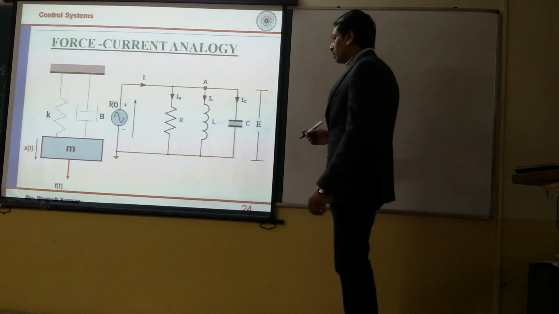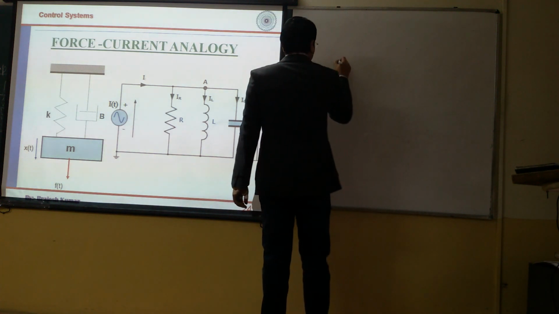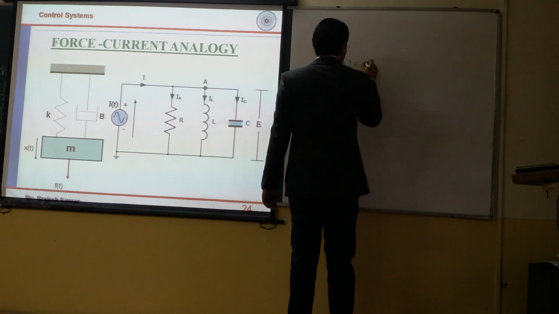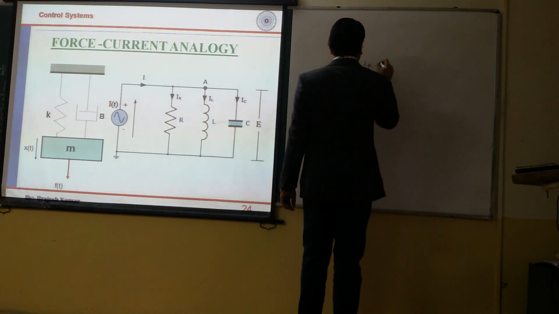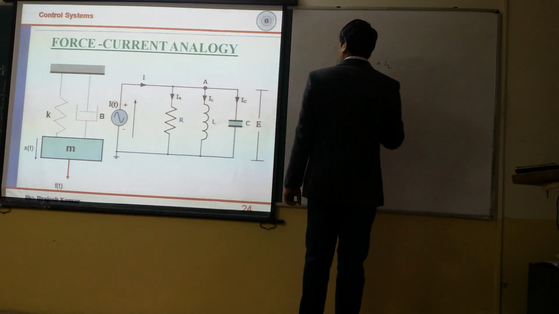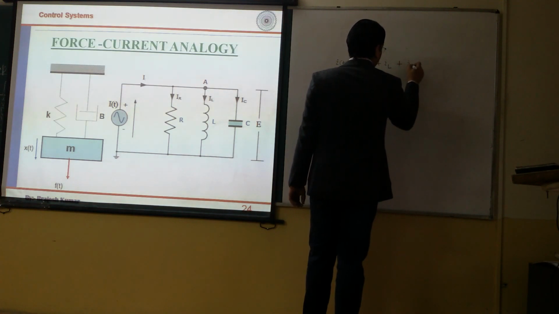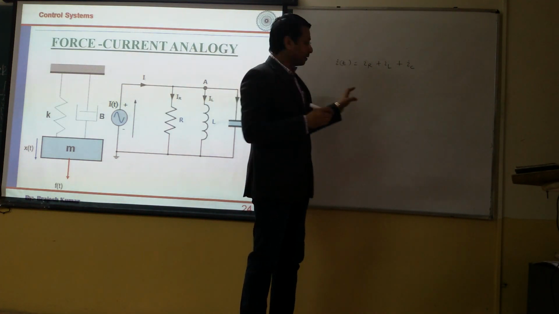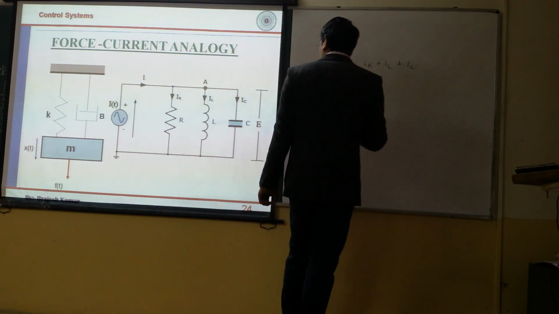Correct? So here I(t) will be equal to what? IR plus IL plus IC. You might have solved such type of question. So what do you write? IR will be equal to what?